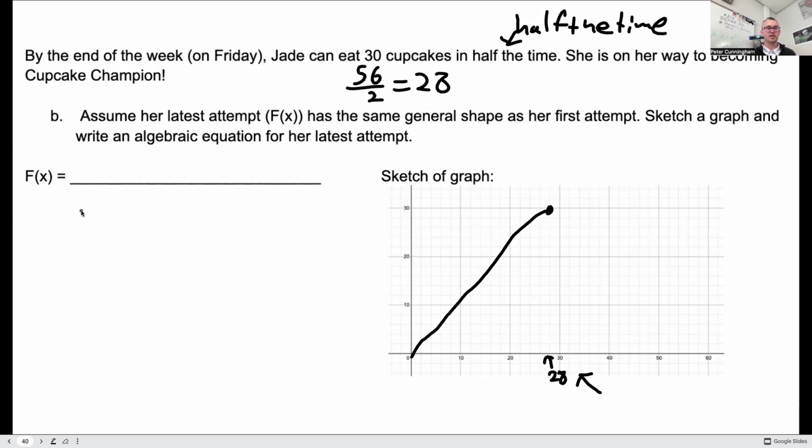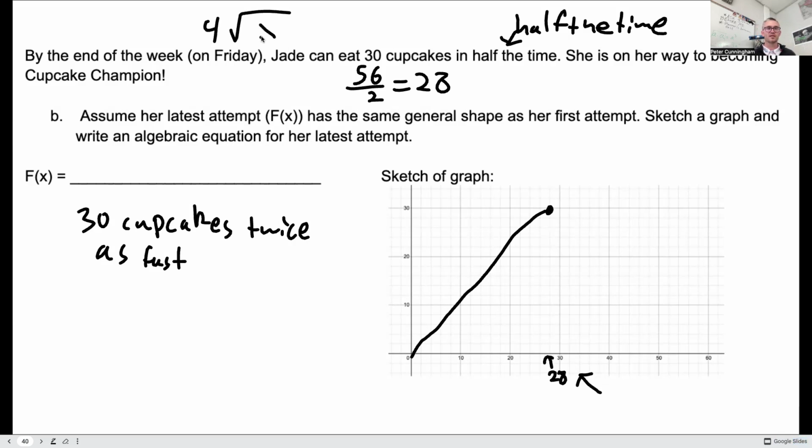So another way to think of it is she's going twice as fast. So she's doing 30 cupcakes twice as fast. Our original rate was 4 times the square root of x. She's doing it at twice the speed, so we're actually going to do 4 times the square root of 2x.